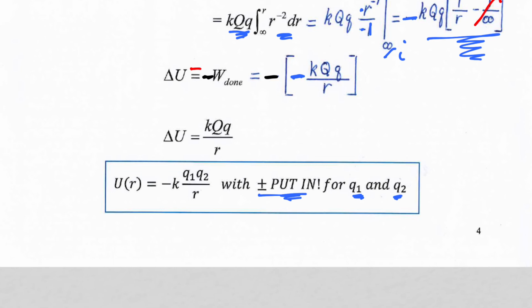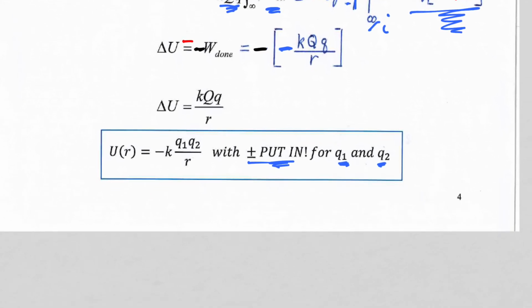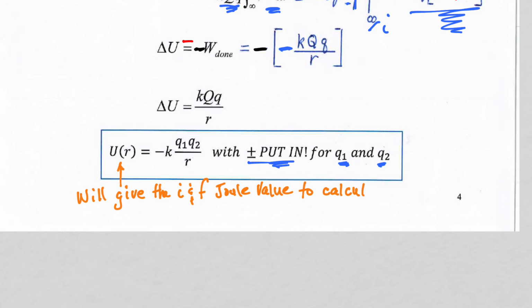And to complete this thought for what you will be doing to apply this to problem solving, this U of r equation will give the initial and final joule value for you to calculate delta U when you problem solve.